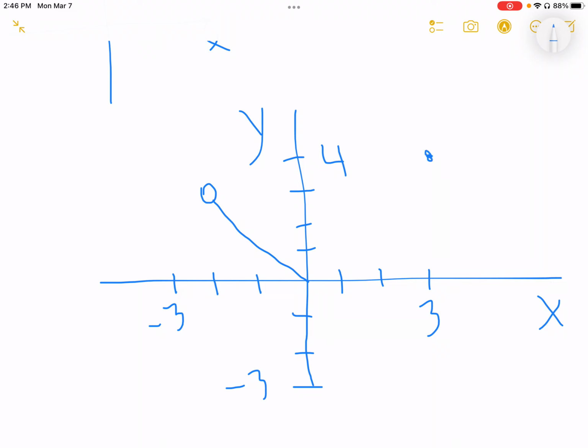Up here you see me making this little dot, not a great dot, but I was trying to make it a circle. And then it connects. On the left side there's an open circle that they drew in the book, and on the right-hand side it's a closed circle. They just call this function f, which is what we've been using before.